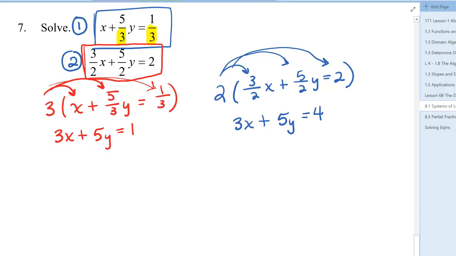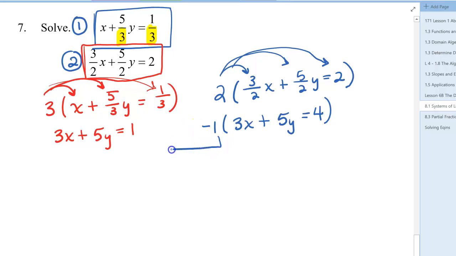Now, I would say that this system lends itself to elimination, or another name for that is addition, remember, because neither equation is solved for one of the variables, and we don't have the coefficient of 1 on either of the variables. So I'm going to take equation 2 and multiply it by -1 so that I'll have opposite signs.